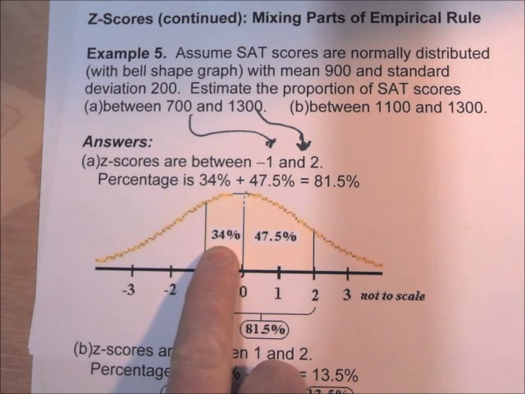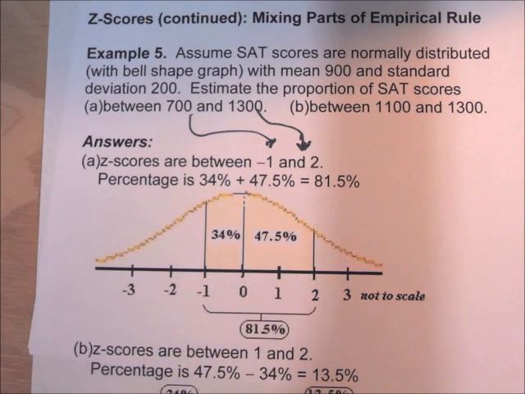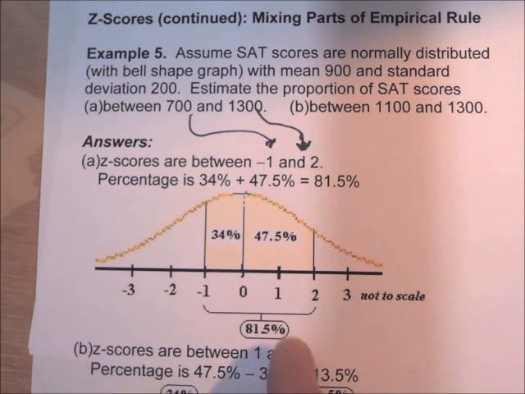That's from Empirical Rule Part 1. And then the z-scores between 0 and 2, that'll be 47.5% by applying Empirical Rule Part 2. And so if you add those two percentages together, 34 plus 47.5, you get 81.5%. So that's the percentage that are between those two.